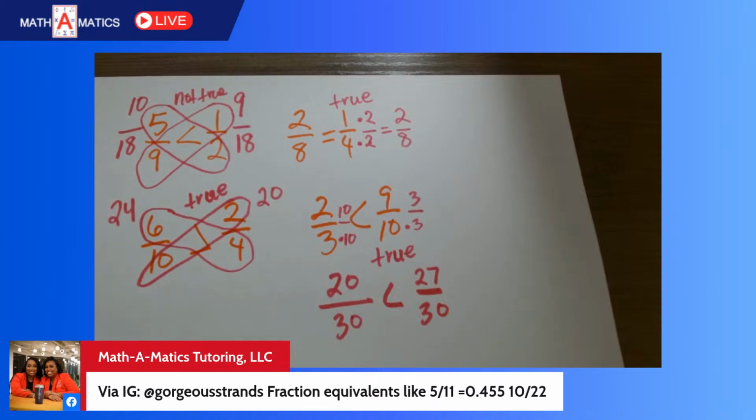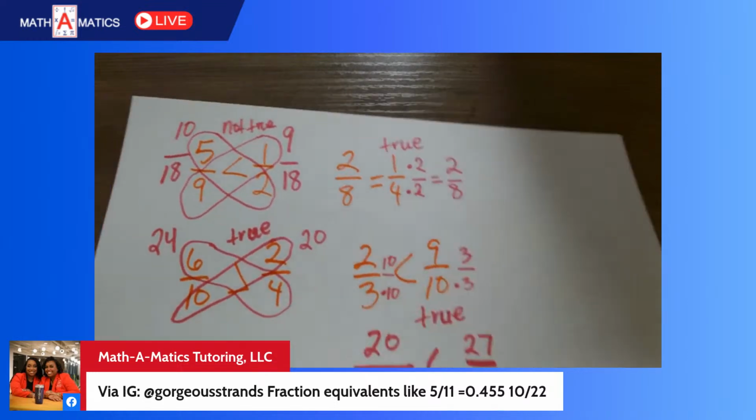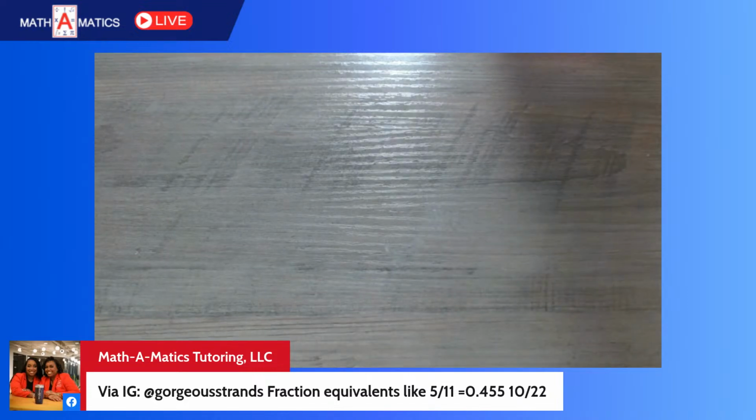Okay. Fraction equivalence like 5/11 equals 0.45, 10 over 22. Okay, so maybe more of changing a fraction into a decimal. We can absolutely show that again real quick.